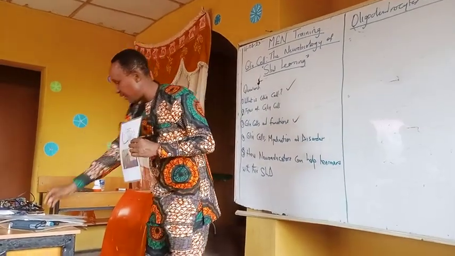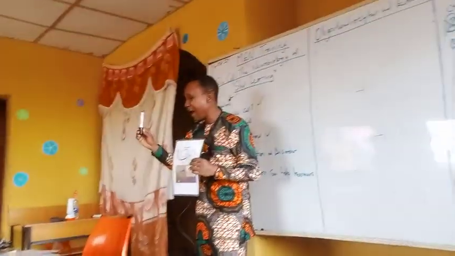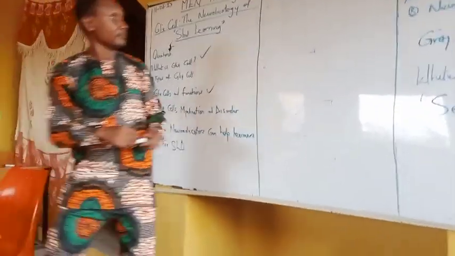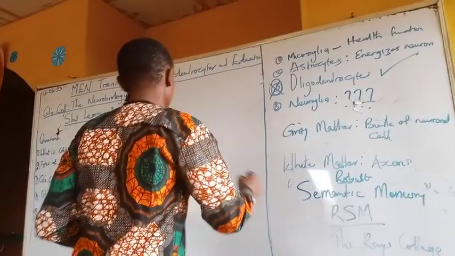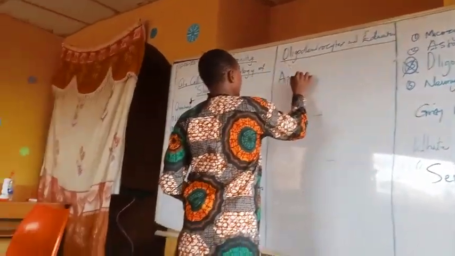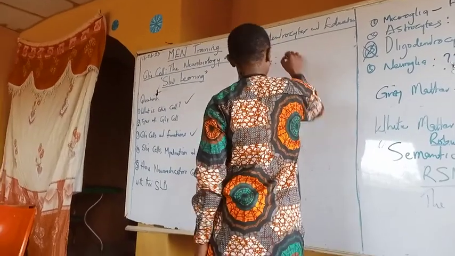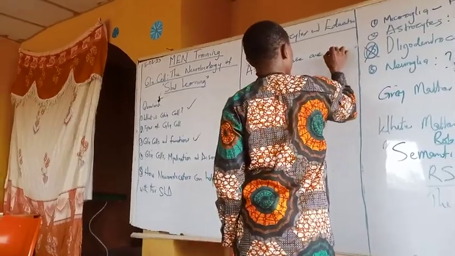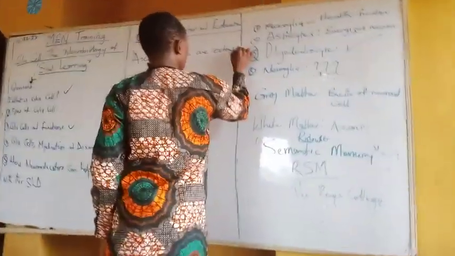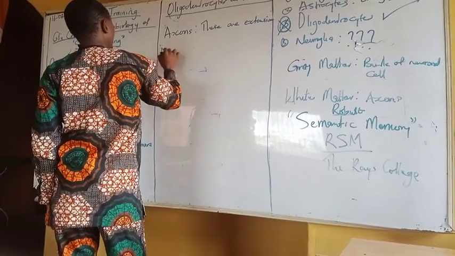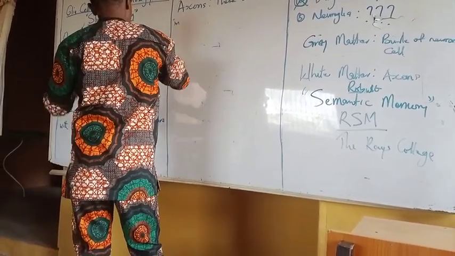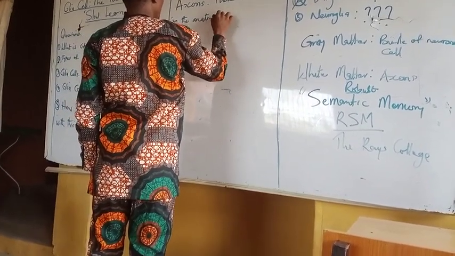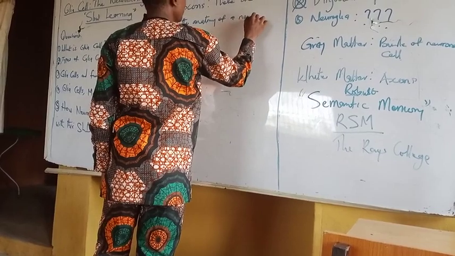One of the reasons for slow learning has to do with axons. Axons are extensions in the anatomy of a neuron.